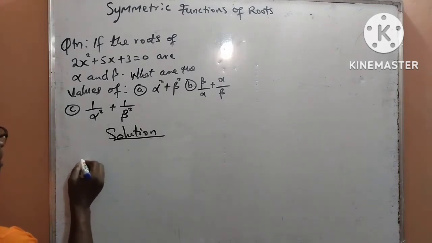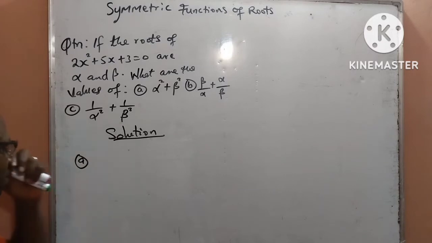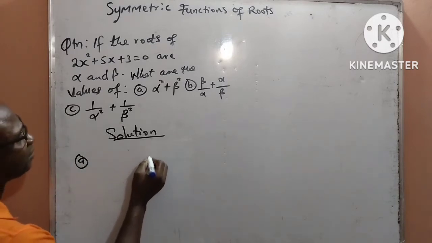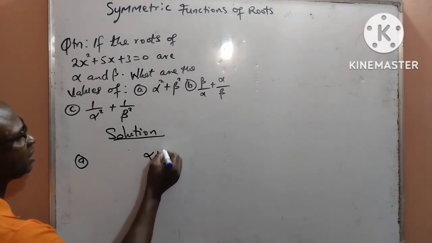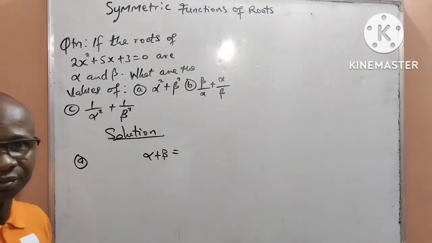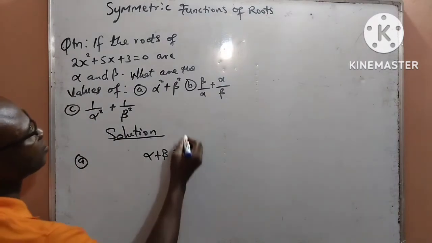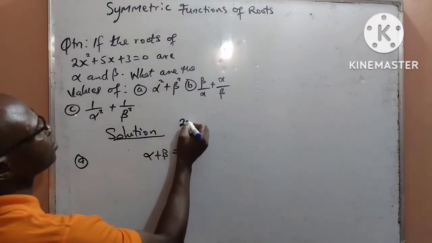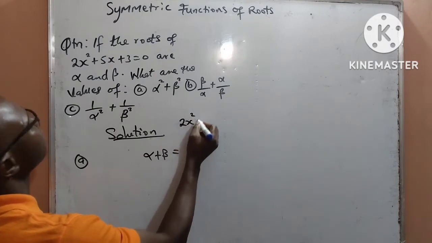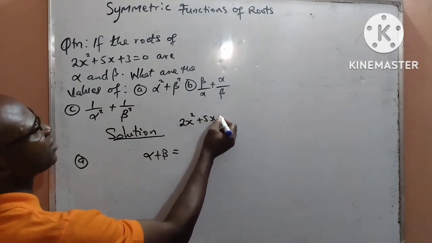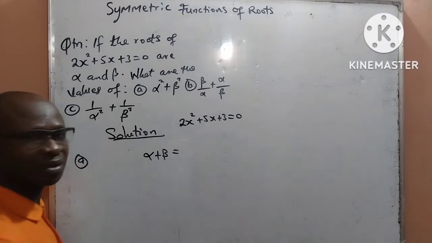From question A, first and foremost, alpha plus beta is equal to the sum of roots, and we are going to take it from the question that we are given, which is 2x² + 5x + 3 = 0.